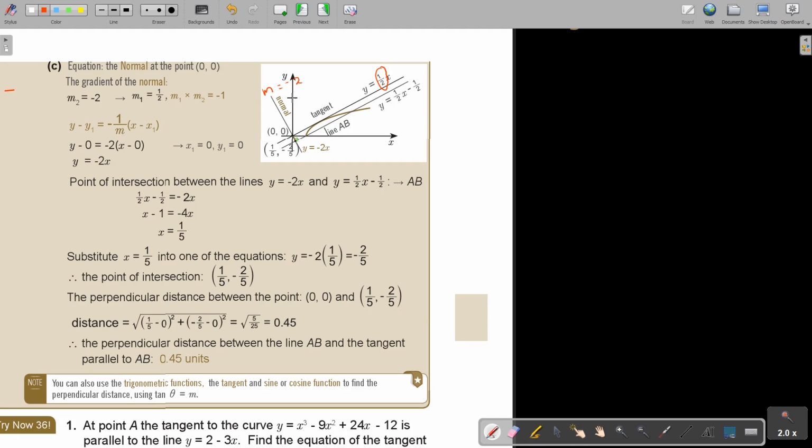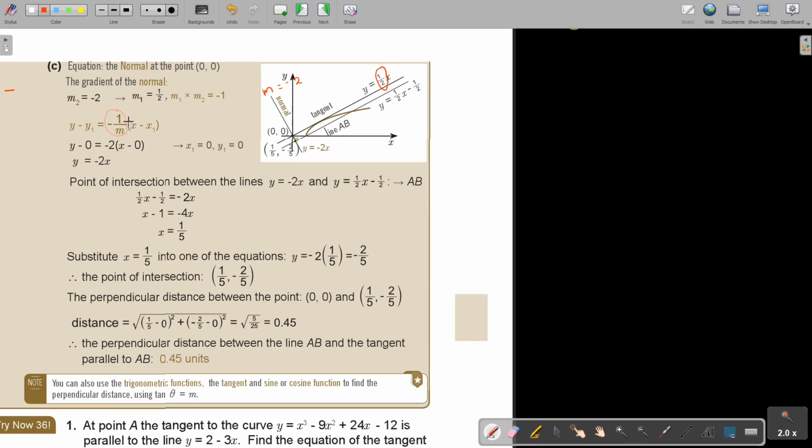Now, the gradient of the normal is -2. Now, I take this point 0, 0, and I substitute it again. So I use my equation. Just take note, if you use this, it is 100% correct for the normal. But if you substitute m, you must substitute the half.